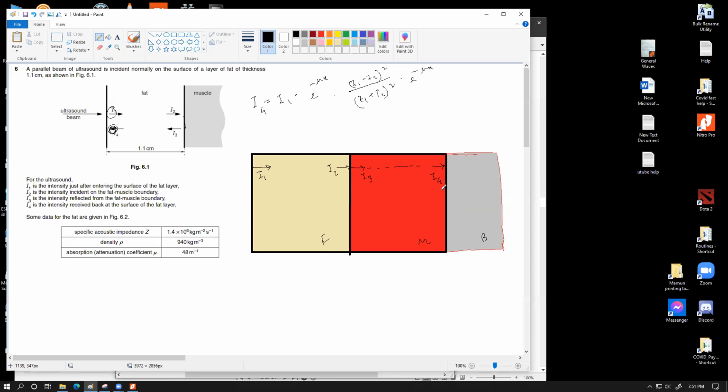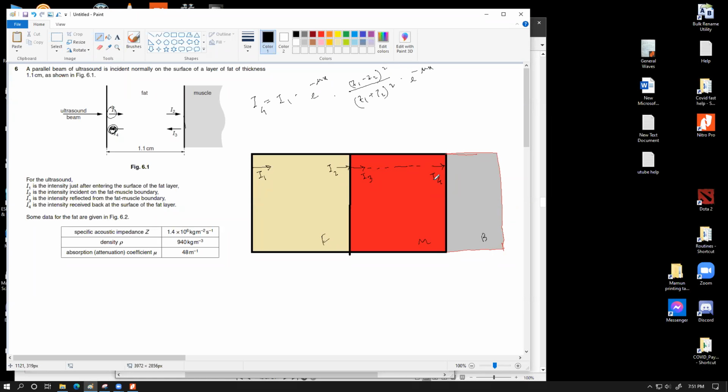So take a good look. When this ultrasound pulse or X-ray wave eventually reaches this part, it will undergo another set of reflection. So the same sequence will happen again, only in this case you'll have a lot more variables to deal with.